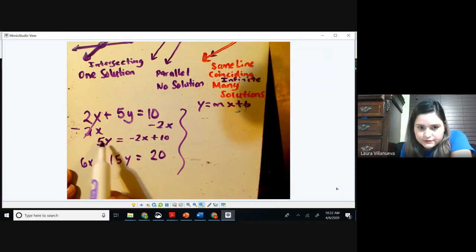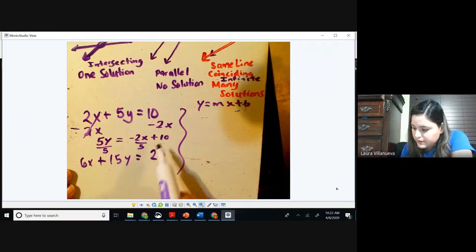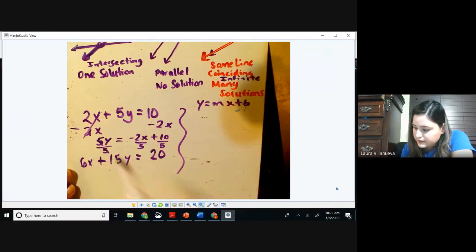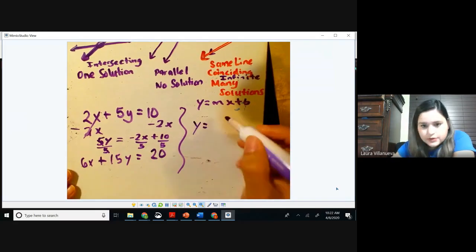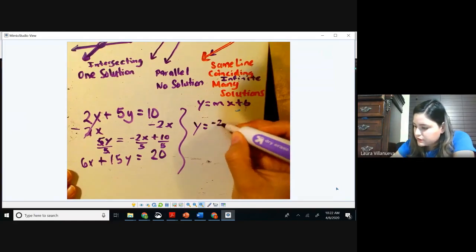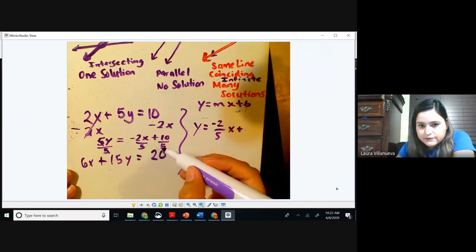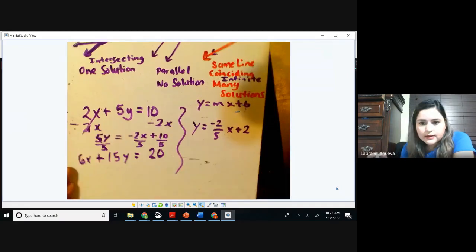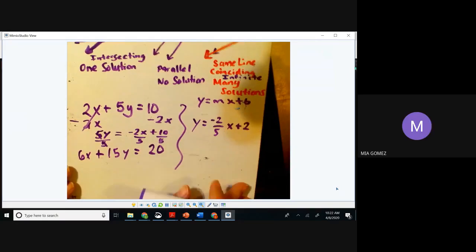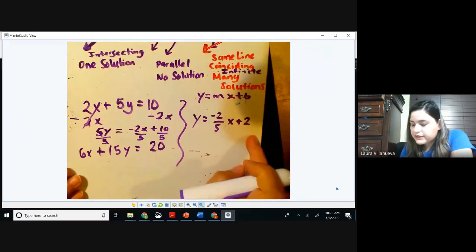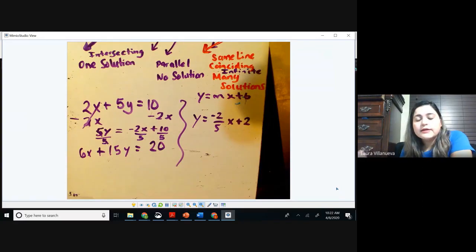The 5 is in front of it, multiplying, so I'm going to divide by 5, divide by 5, divide by 5. So then my line is y equals negative 2 over 5 x plus 10 divided by 5 is 2. Okay? So that's that. You have to leave it in y equals so that you can check the slope and check the b.